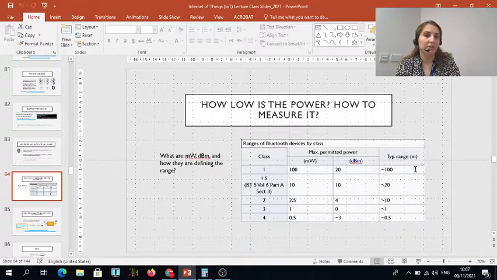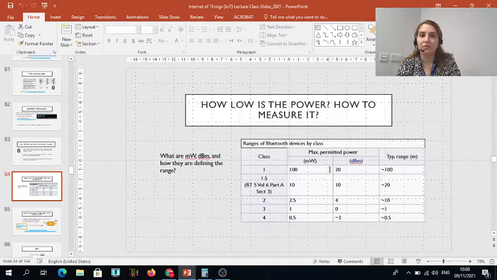I explained line of sight: a straight line between transmitter and receiver, without any obstacles, reflection, or obstruction on the way, would be the ideal path. That would provide theoretically up to 100 meters in this case for class 1. But in practice, it is very difficult to provide that kind of channel, and because of that, the practical range would be smaller than what we have here.